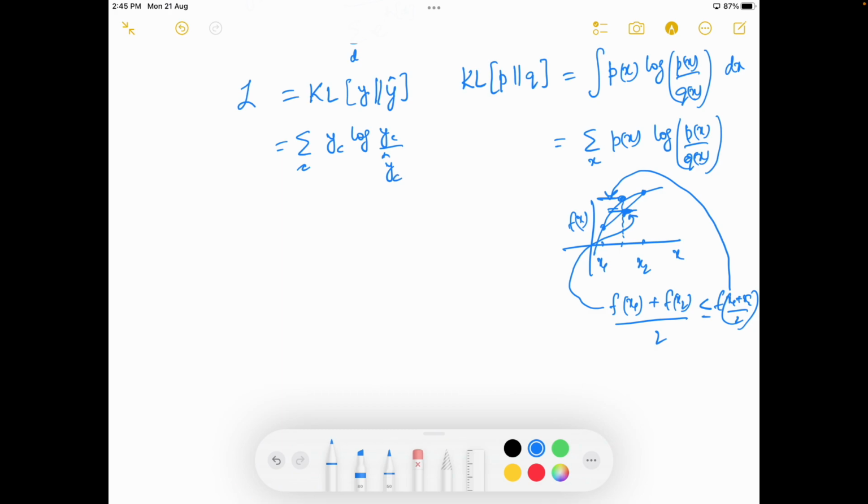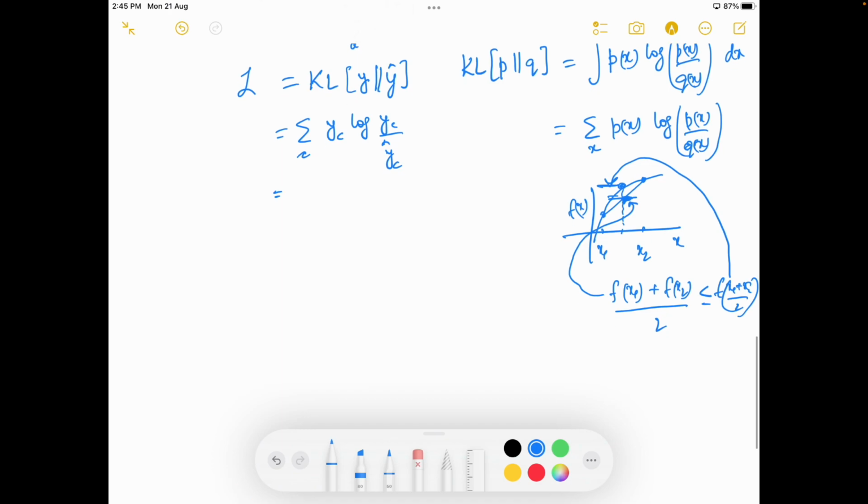All right, let's simplify it. It becomes the summation over c of yc log yc minus the summation over c of yc log y hat c. And you want to optimize it with respect to w. Which of these terms are a function of w here? y hat c only.